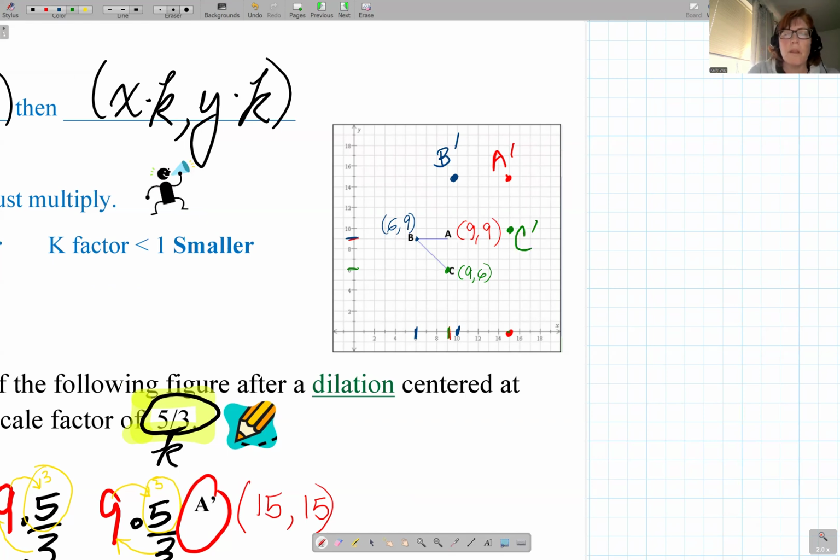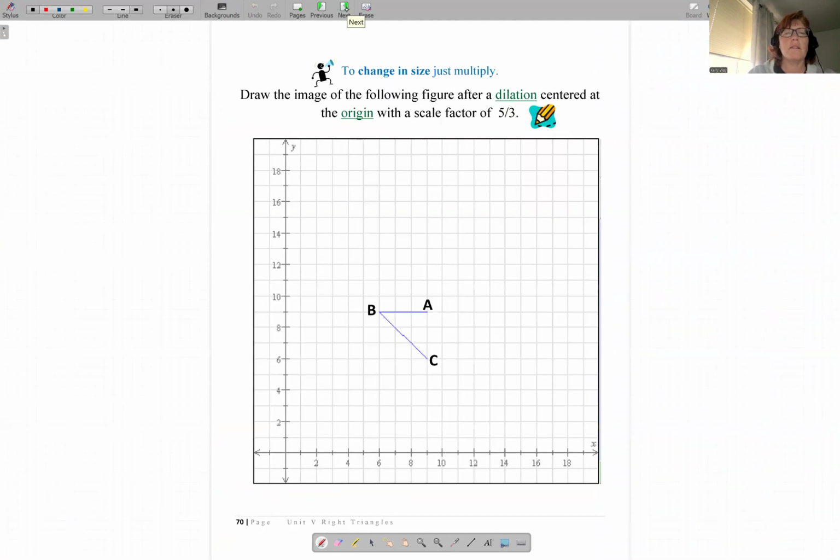That's C prime. Now your end product, it should look exactly the same shape, just a different size. And in this case, we know our size should be larger. Same shape, different size.